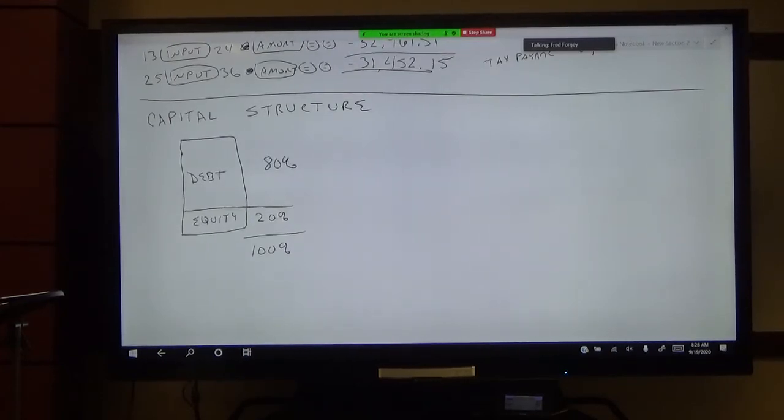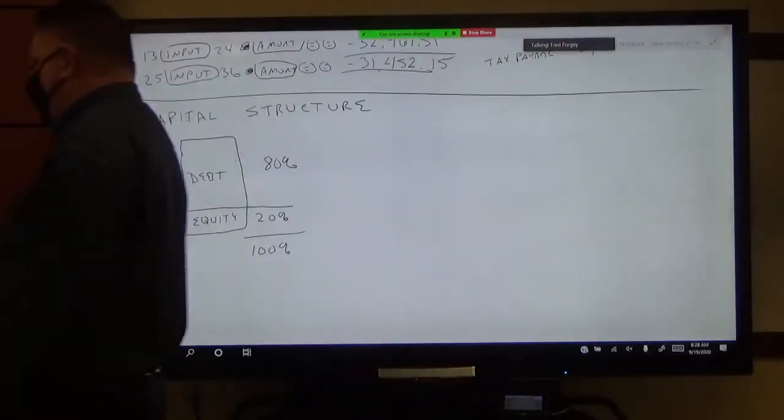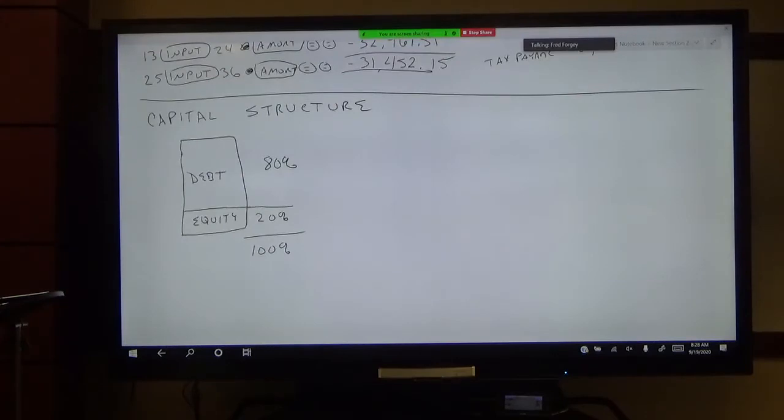We increase it. Okay? So for simplicity, this is once again our capital structure, but let's say our cost of debt is 5%. And our equity, what we would typically refer to as our return on equity, or our cost of equity, we might say is 15%.